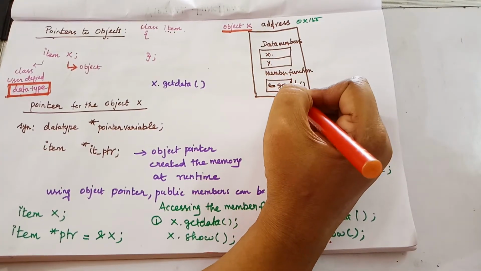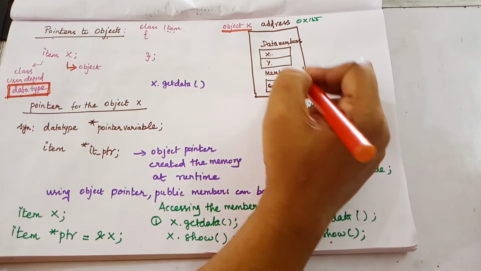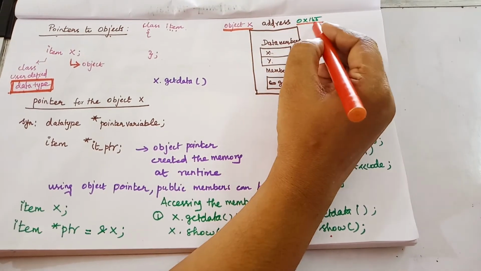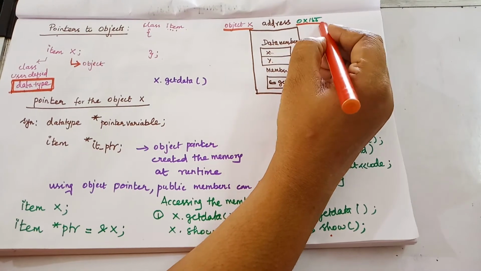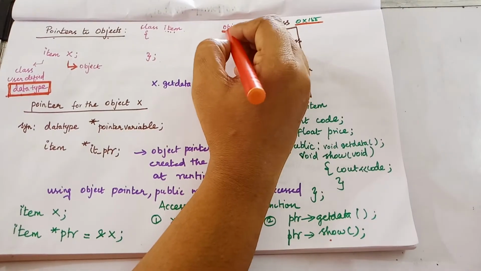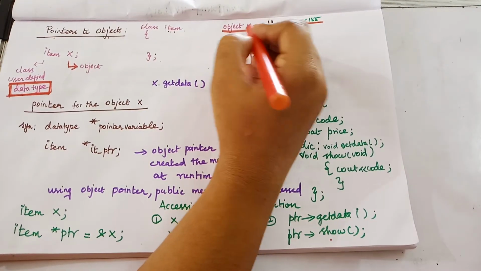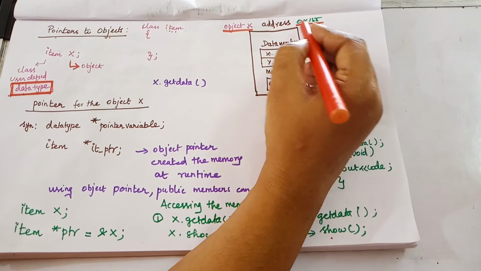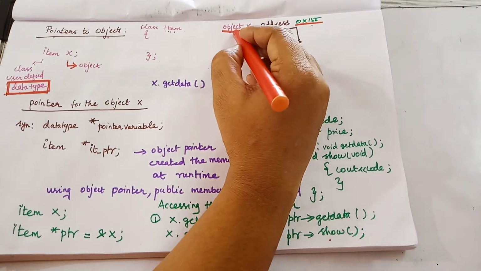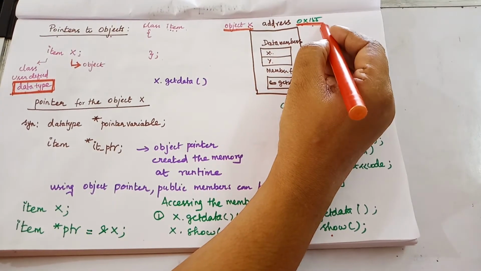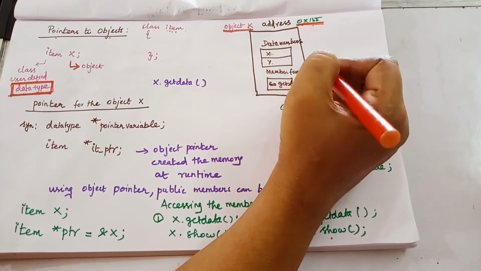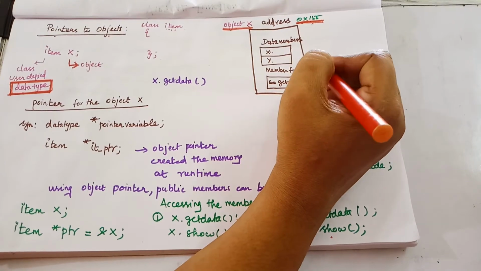Then it allots memory space for the member functions. It has a starting address, and based on the number of data members and member functions, the address is incremented. For example, I have given 0x154 as the starting address of object x.